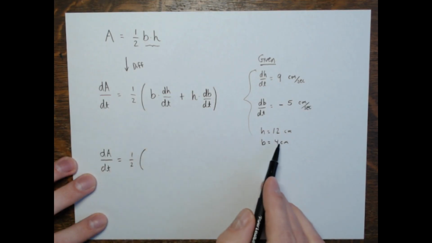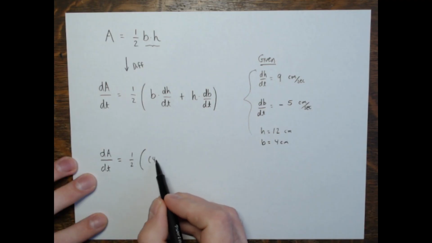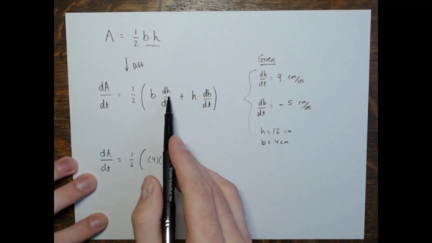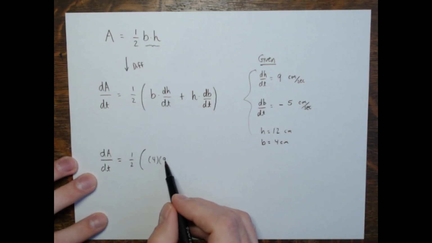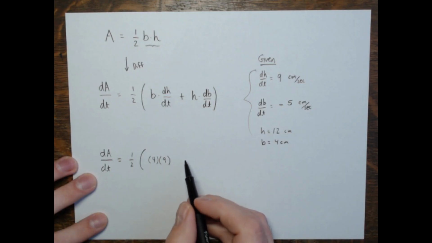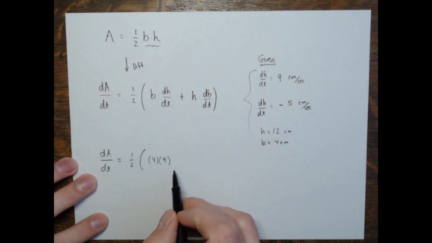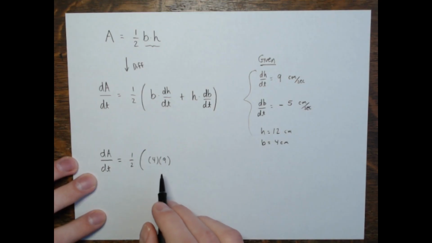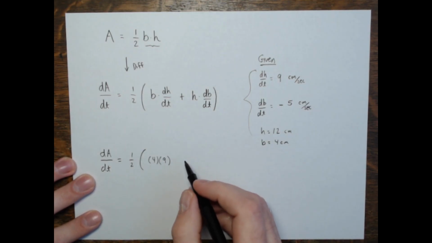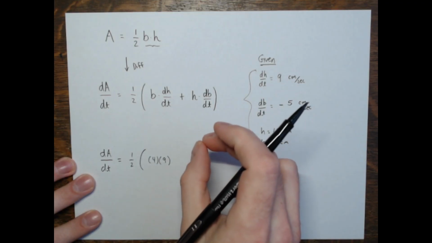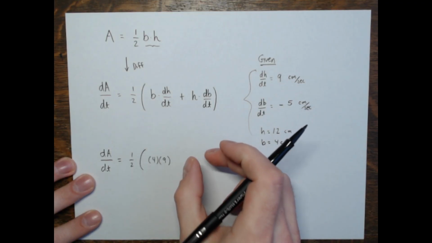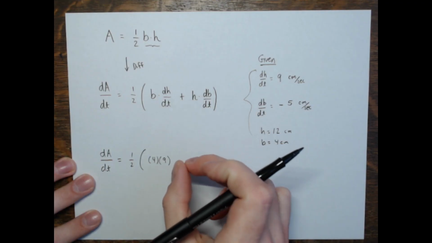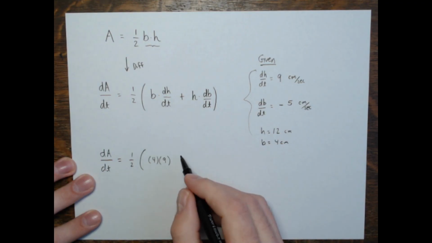So the base at this time is 4 times the change in the height, positive 9. It's increasing. Okay, so I was mistaken earlier. Looks like we're gonna get a negative rate of change. Guess it'll be so thin after a while because the height's getting so tall that the area would be decreasing here.